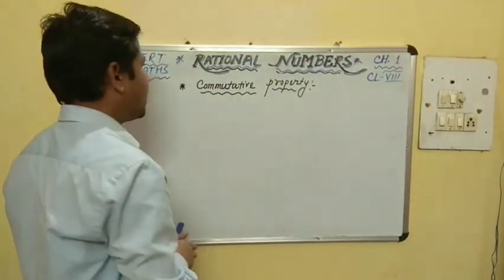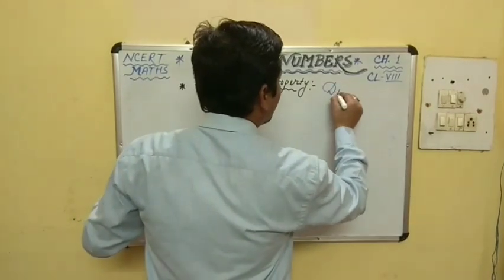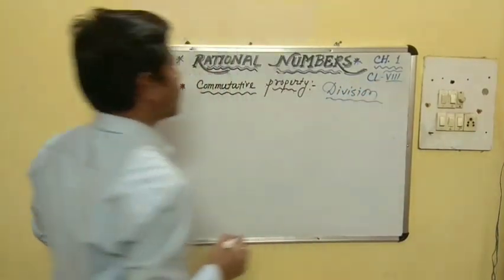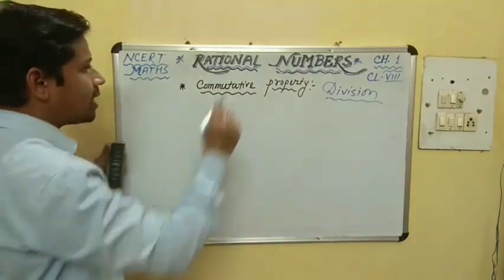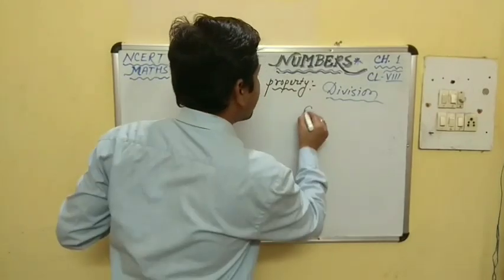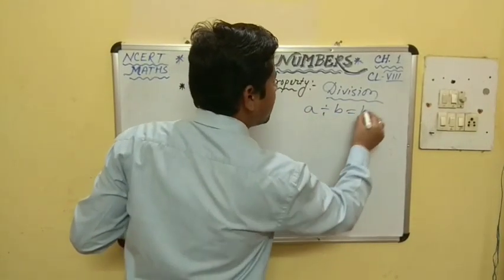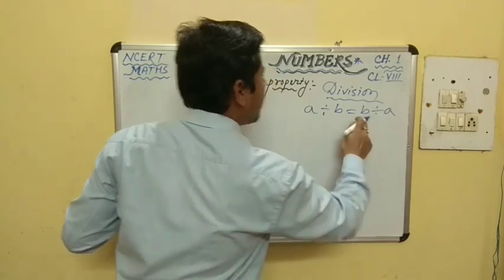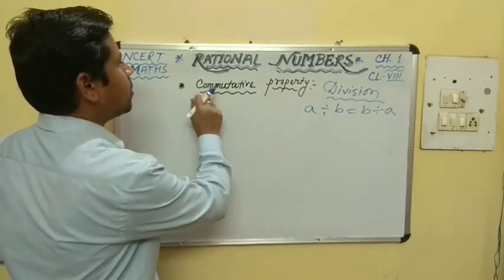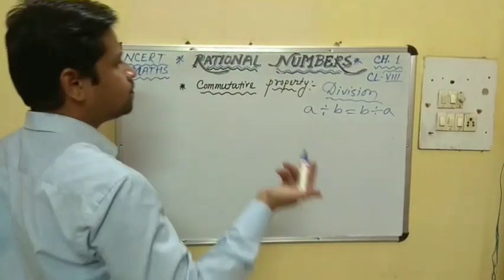So let's see here. In case of division, let's take any two rational numbers such as a and b. If we divide them, a divided by b, and if possible b divided by a, that means if we change the order, according to the rules of commutative property, they must be equal.